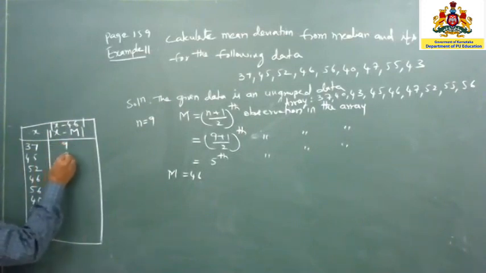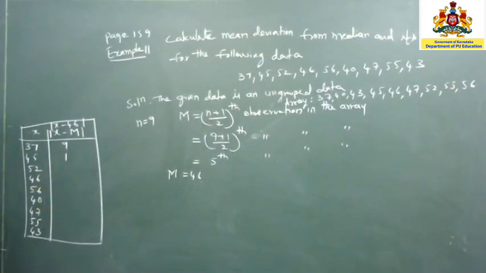45 minus 46 is minus 1, write plus 1. Then 52 minus 46 is 6. All are positive values only: 9, 1, 6, 0, 10, 6, 1, 9, 3.